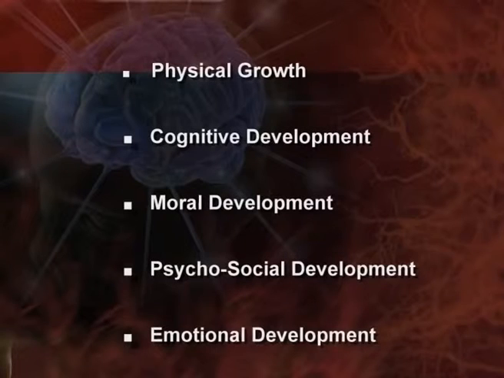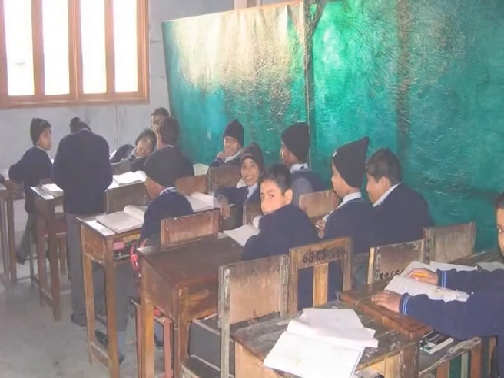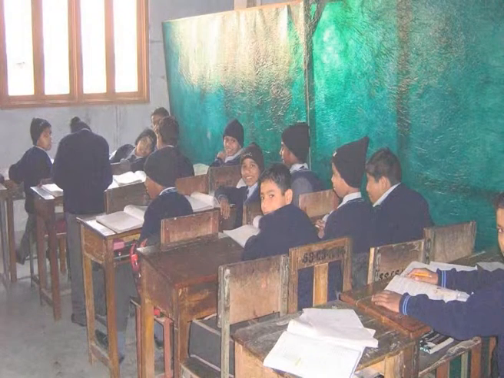The process of growth and development is studied basically in 5 areas, that is physical growth, cognitive development, moral development, psychosocial development, and emotional development. Physical development, which is also termed physical growth, is the unfolding of the genetic potential of the individual due to maturation.